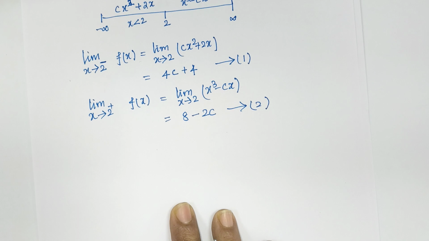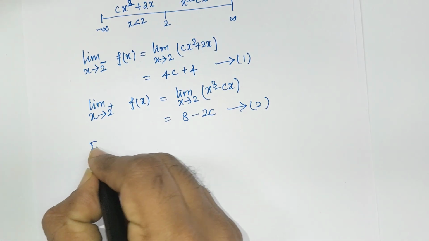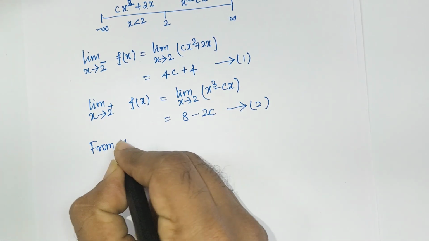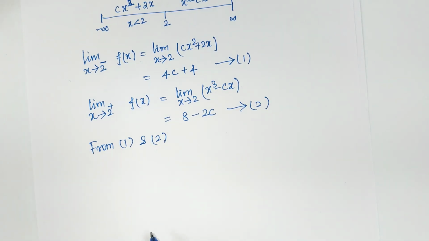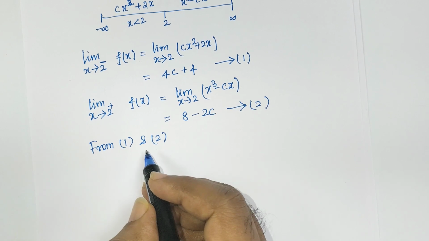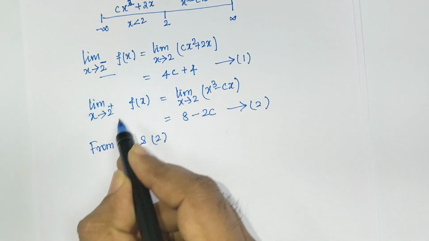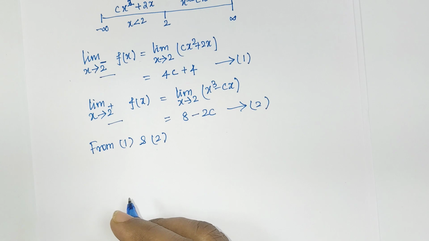So now, based on equation 1 and 2, already they told the function f is continuous. The f is continuous means both left hand side and right hand side must be equal.